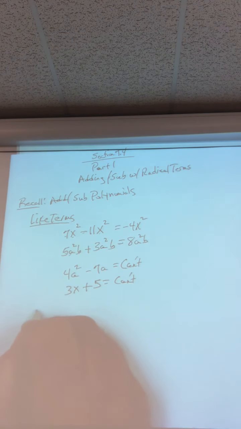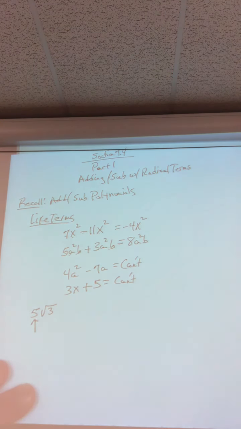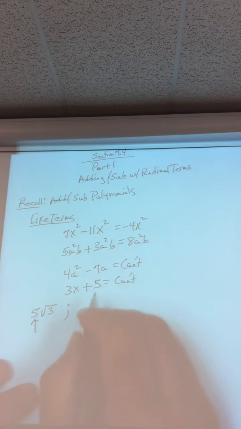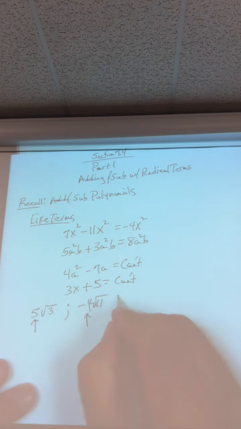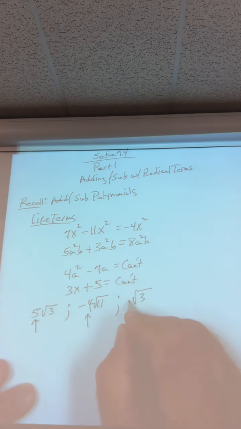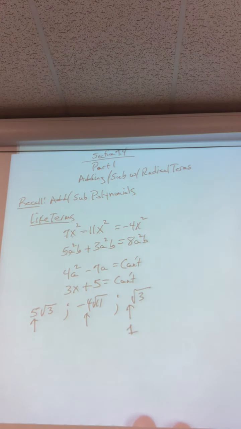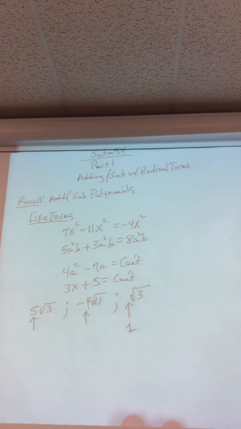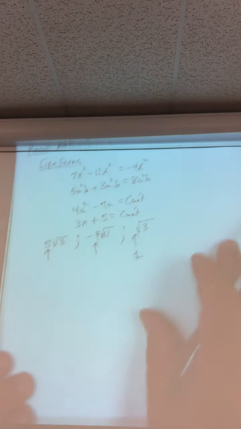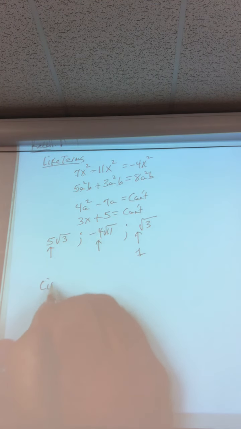So if I write 5 square root of 3, this is the coefficient right there. Or if I have negative 4 square root of 11, negative 4 is the coefficient. Or if I have square root of 3, 1 is the coefficient.